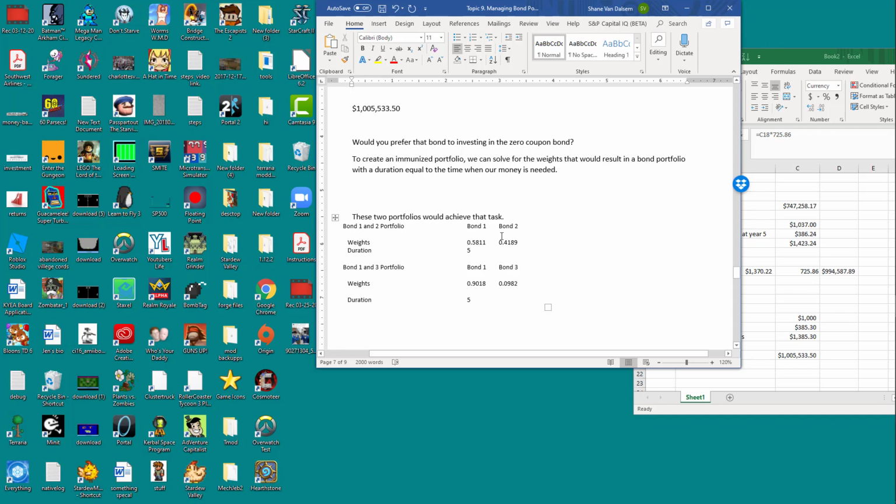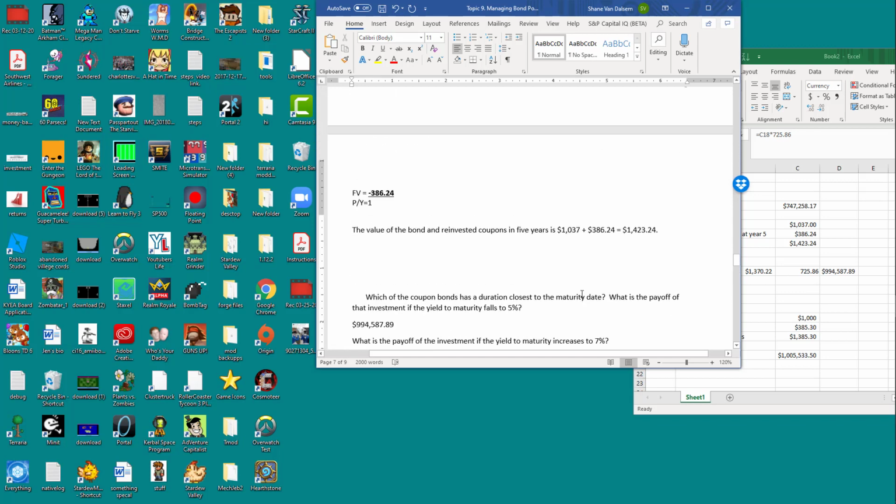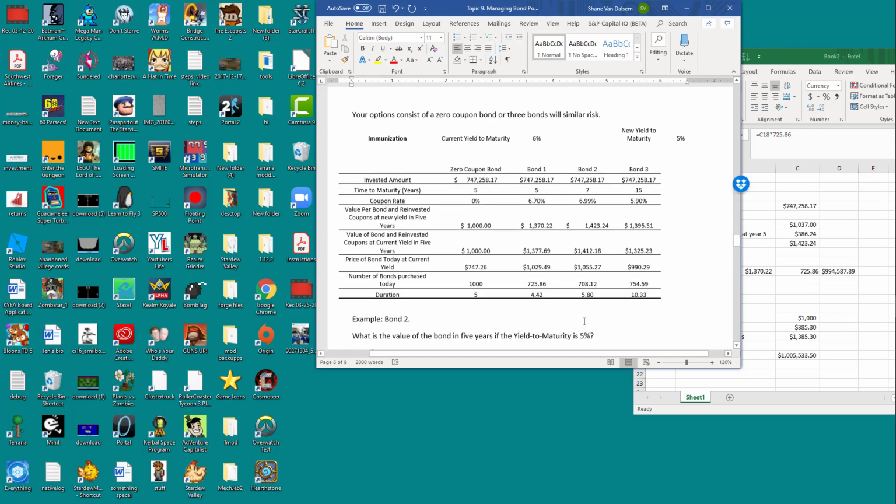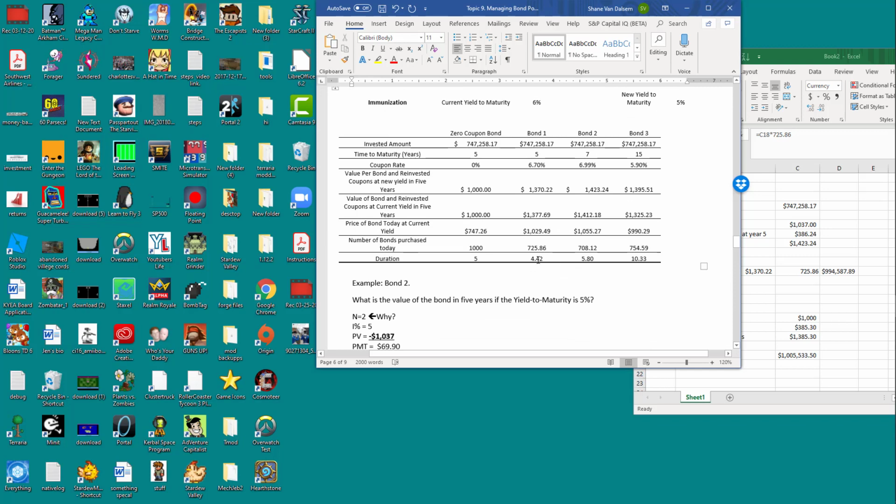So would I combine bonds 2 and 3? I wouldn't, because here's the problem. I can combine bonds 1 and 2 because bond 1 has a duration of less than 5 and bond 2 has a duration of more than 5. I can combine bonds 1 and 3, because bond 1 has a duration of less than 5, and bond 3 has a duration of more than 5.